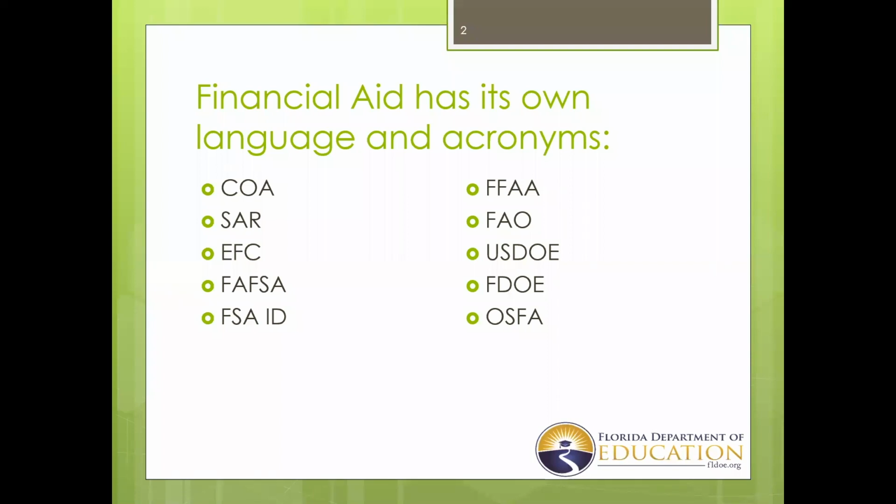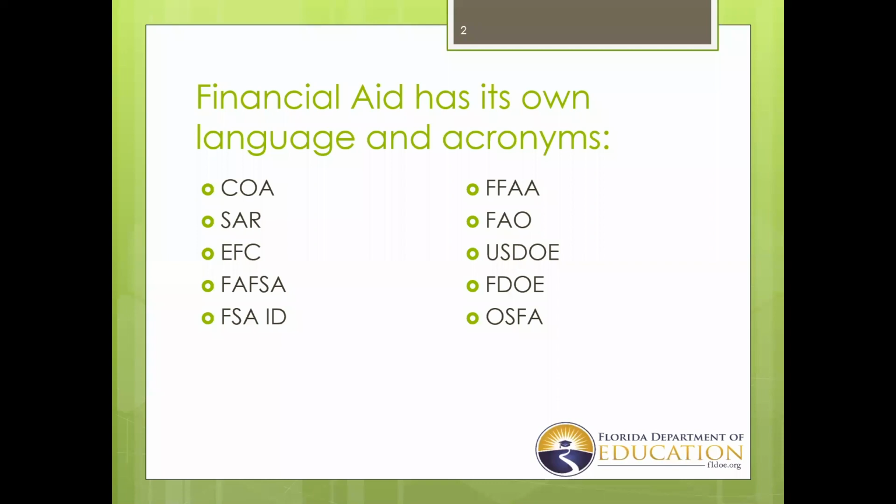COA is cost of attendance. The SAR is the student aid report. The EFC is the expected family contribution number. The FAFSA is the Free Application for Federal Student Aid. The FSA ID is actually the username and password that you create and represents your signature on the FAFSA form.